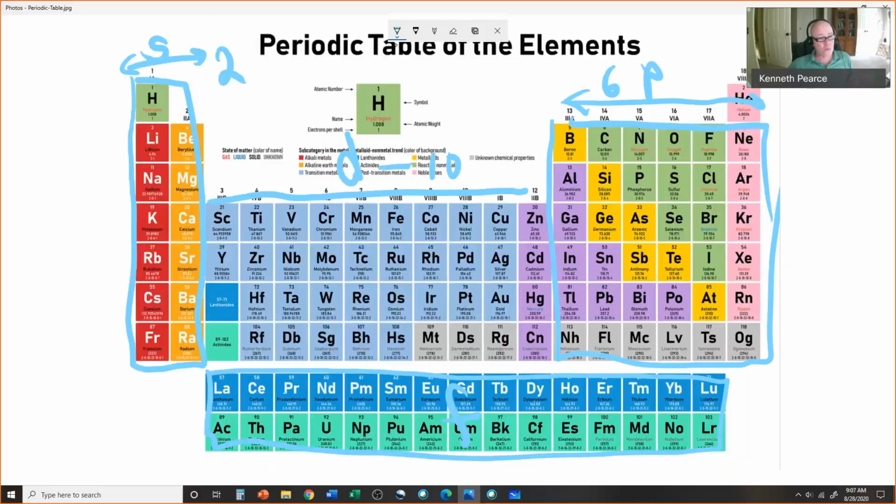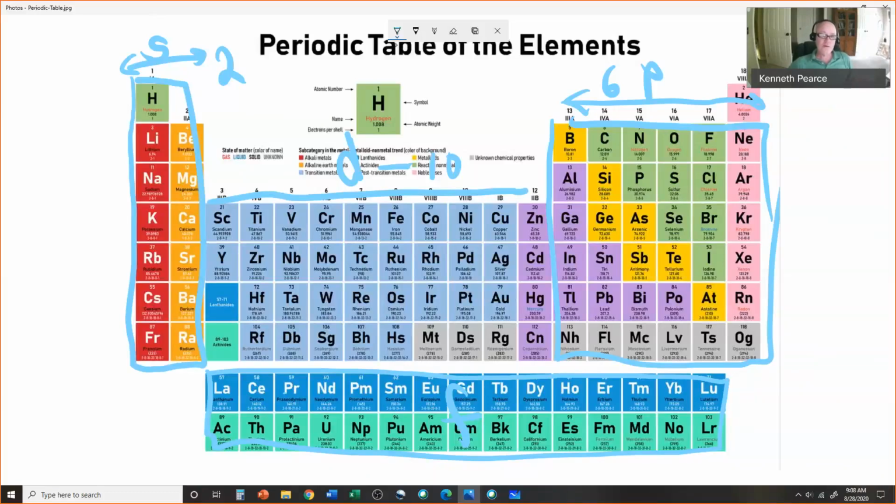And so if you have one orbital, you have 2 electrons. And P sublevels have 3 P orbitals, and each orbital has 2 electrons. Well, if you have 3 orbitals and 2 electrons apiece, 2 times 3 is 6 electrons. And look there, you have your P elements 6 across, corresponding to 6 electrons, 3 P orbitals.